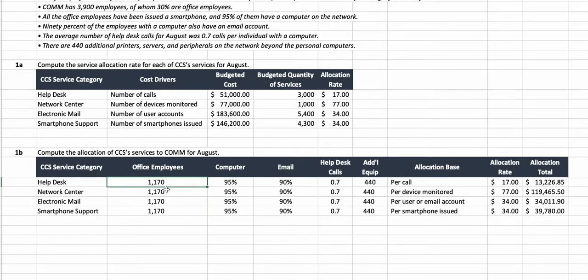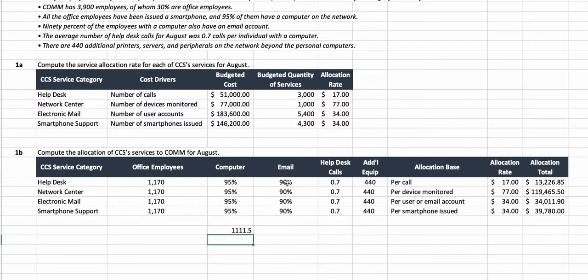Of those 1,170 employees, 95% have a computer. If we were to calculate that out, it would be 1,170 times the 95%. So out of that 1,170, that gives us 1,111.